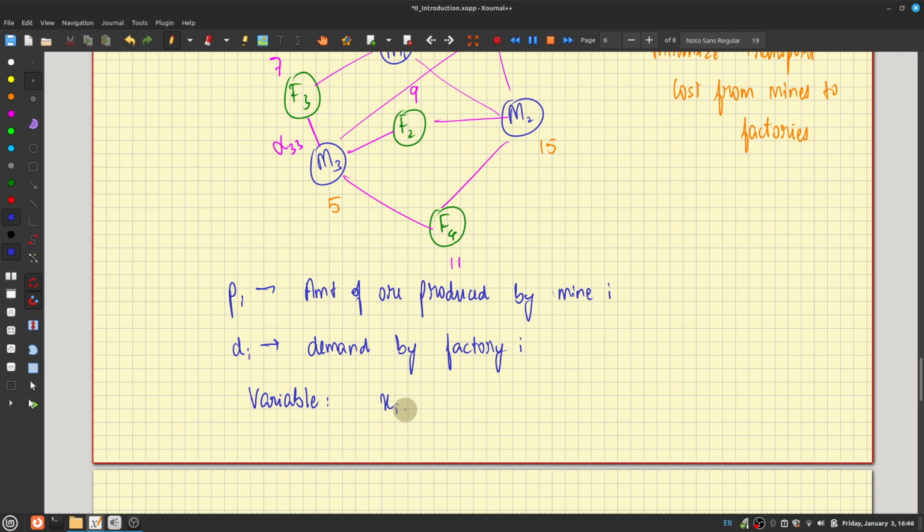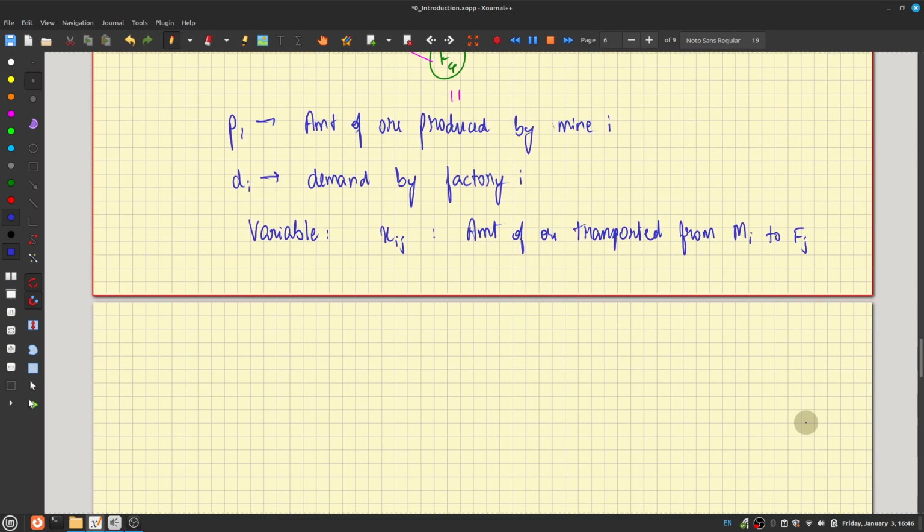So let's say that xij is the amount of ore that you plan to transport from the ith mine to the jth factory. Okay, fine. So now we have the variables fixed.